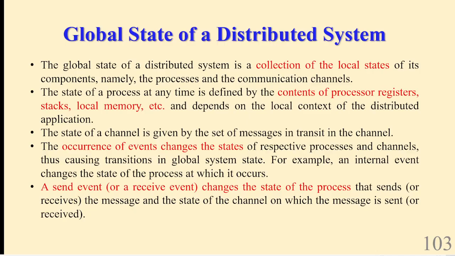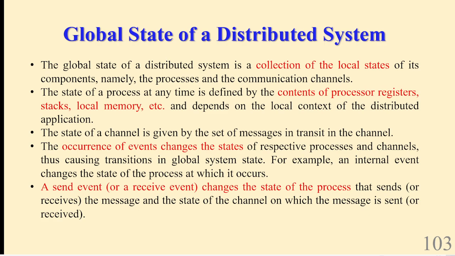But in global state, if there is a process P1 or a person P1, and he has an amount of rupees 5,000 in his account, and there is a process P2 or a person P2 whose account has 3,000 rupees. Then what happens? Then there is a transfer happening between them. That is, person 1 is sending rupees 1,000 to person 2.